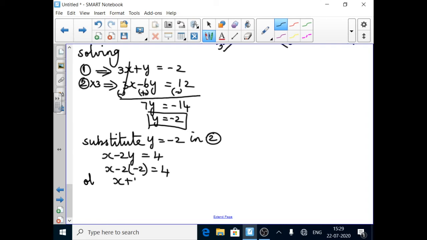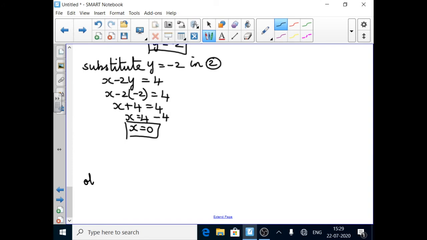Now x plus 2, x plus 4 is equal to 4. x equal to 4 minus 4, so x equal to 0. So for one set of equations the point of intersection is 0 comma minus 2.